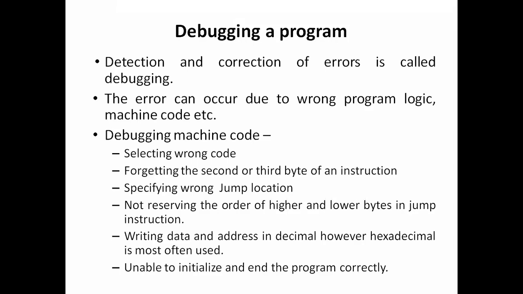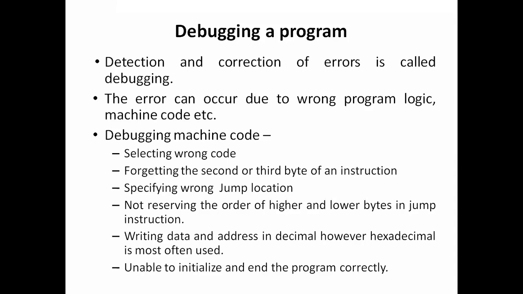There are other sources of error also, because you know that the instructions of 8085 consist of 3 types: single byte instruction, 2 byte instruction, and 3 byte instruction. So if you are using a 2 byte instruction and you forget the second byte of the instruction, then in that case also you will encounter an error.